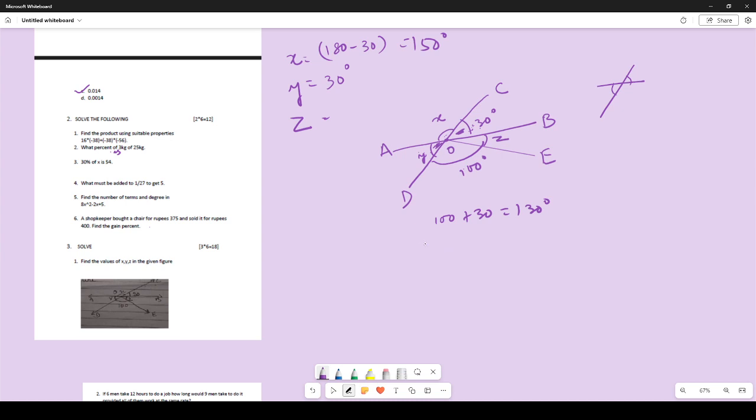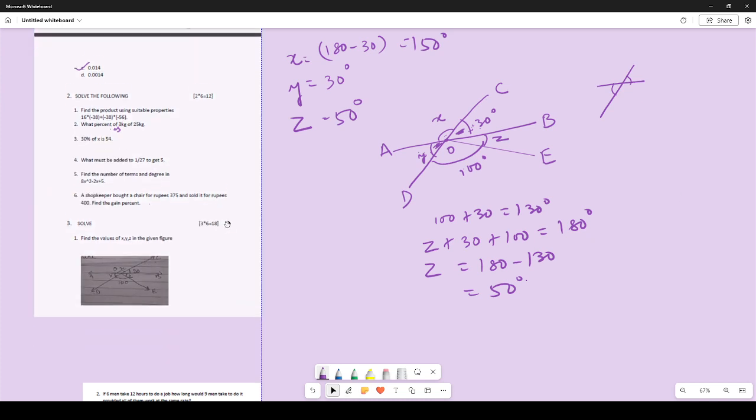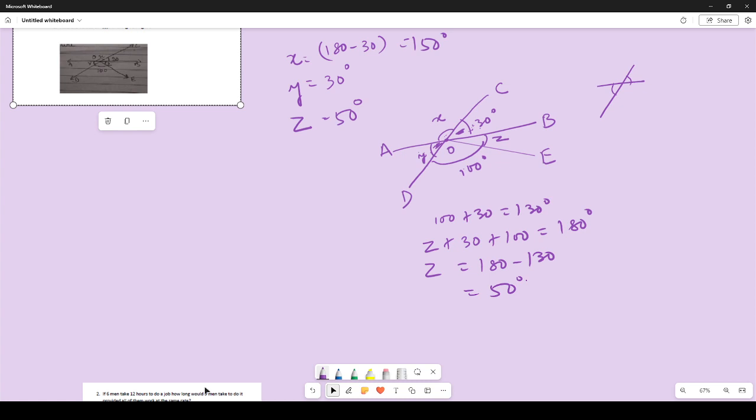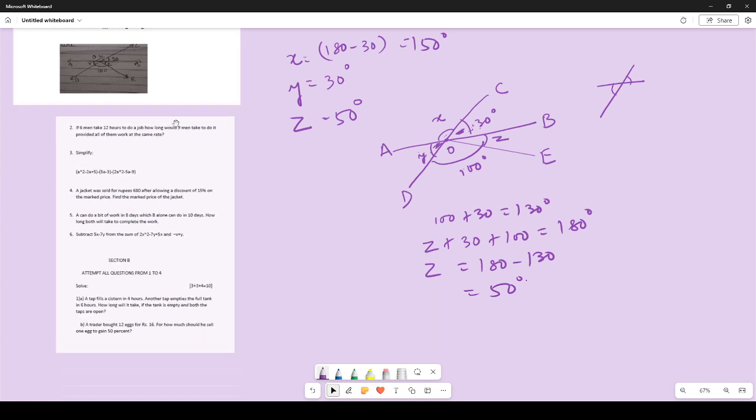So Z plus 30 plus 100 should be equal to 180 degrees. So Z is equal to 180 minus 130, which makes the value of Z as 50 degrees. So you get all these 3 of them correct and you get 3 marks immediately. Now let us move on to the next part.